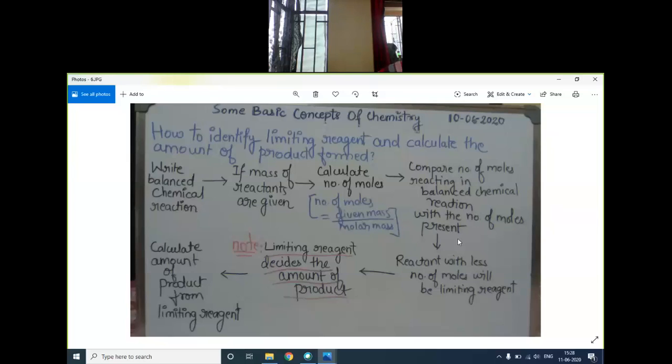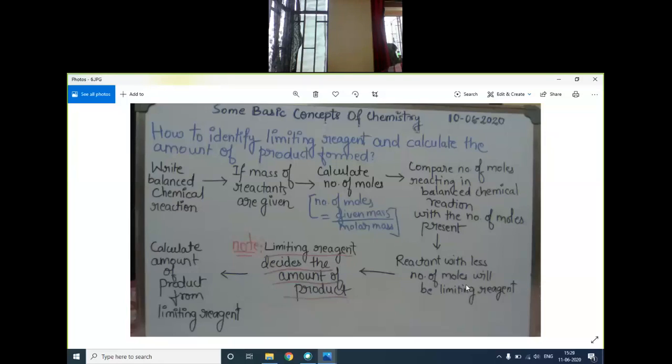After that, the reactant with fewer moles will become the limiting reagent. As we know, the limiting reagent is going to put a limit on the chemical reaction, or on the amount of product. It will limit the amount of product.